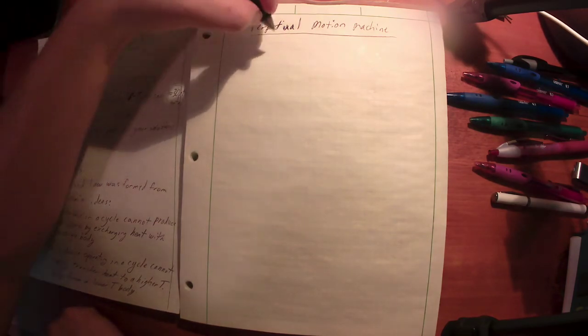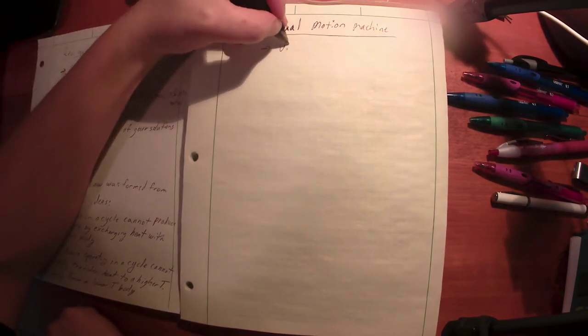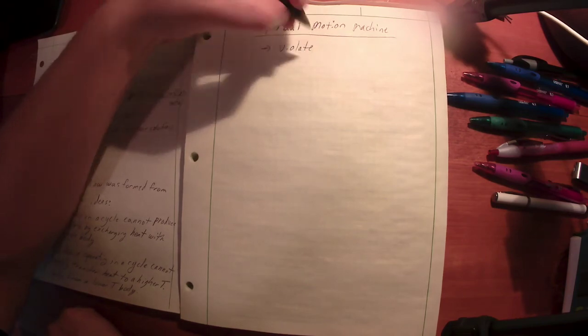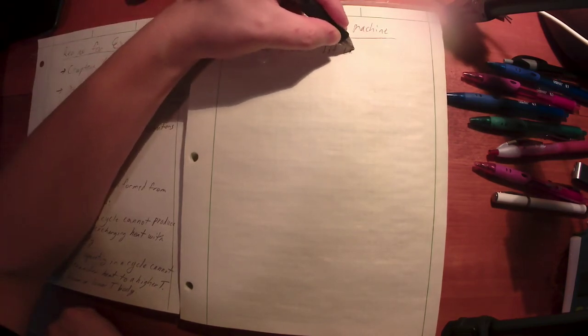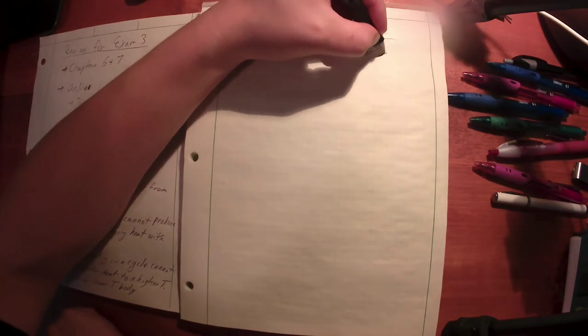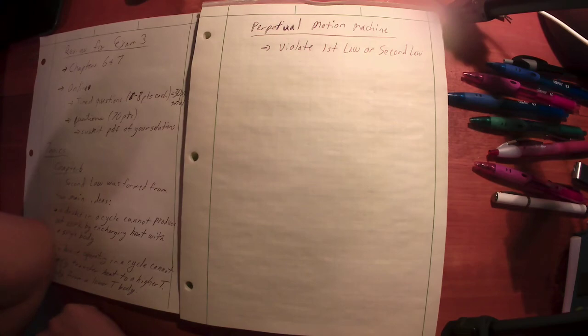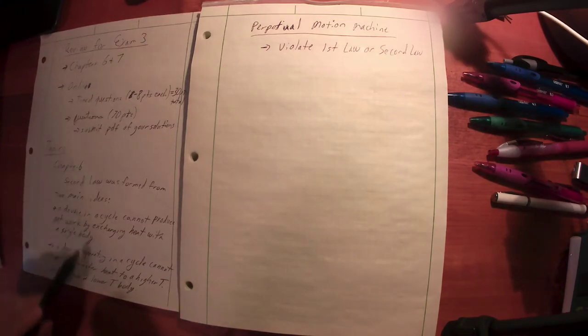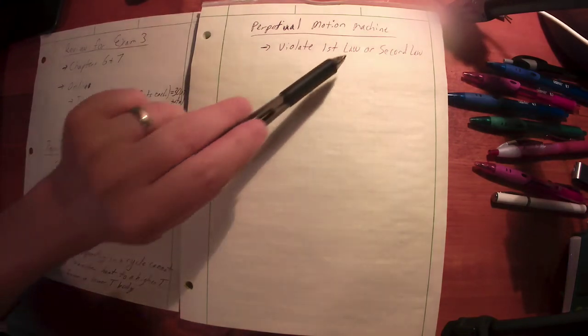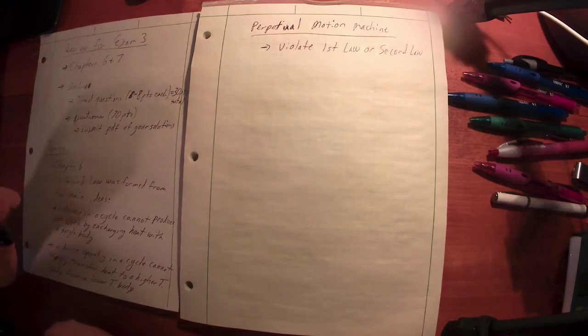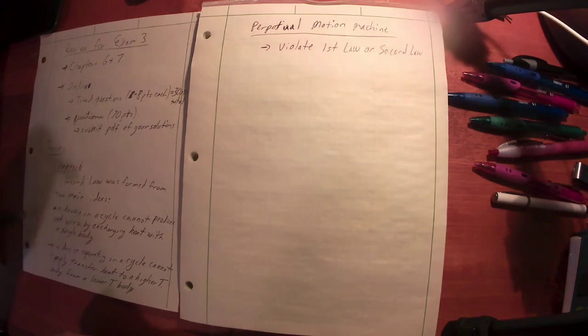Now, the problem with that is for that to happen, it's either going to have to violate the first law or the second law. Right? So for a device to operate perpetually with no outside influence, it's going to be in violation of one of these two statements, or it's going to have to generate its own energy to continue operating. Okay? It's going to have to create energy, or it's going to have to violate the direction that we know and understand energy can flow.